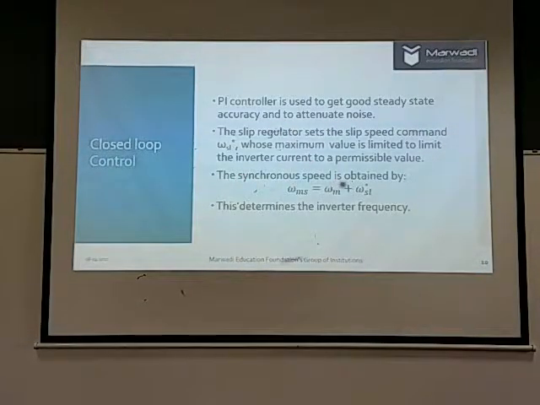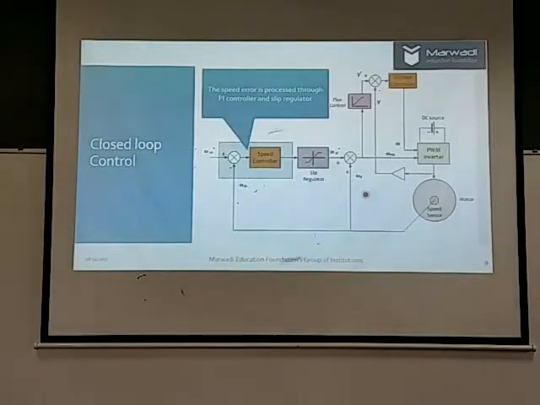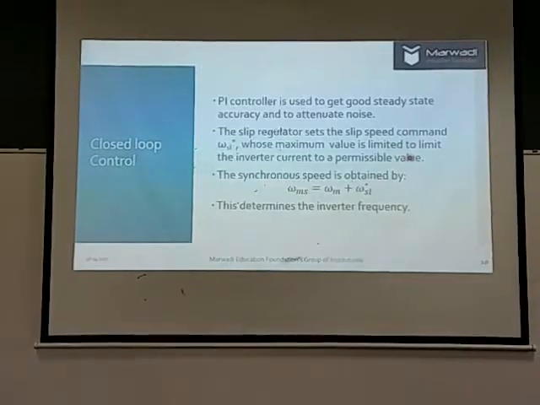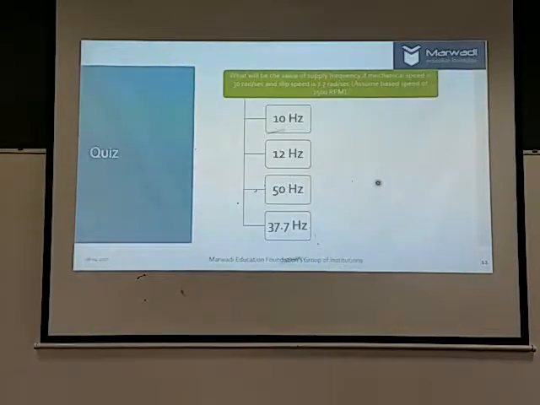So the synchronous speed is obtained by ωms, which is equal to ωm plus ωsl. That means the frequency which is given to the PWM inverter is decided by the rotor speed and the slip speed, and this determines the inverter frequency.